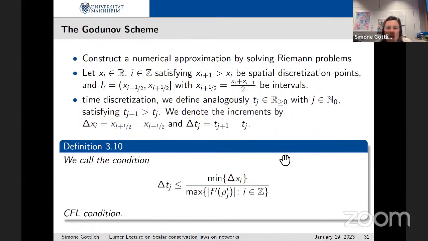We introduce some spatial discretization given by these intervals here, and some cell interface points given in that way. Again, we need to think about the time discretization, and it is important to mention that we also need a CFL condition, named after Courant, Friedrichs, and Lewy. This means there is a restriction on the time step size given by this minimum over delta x divided by the maximum of f prime.